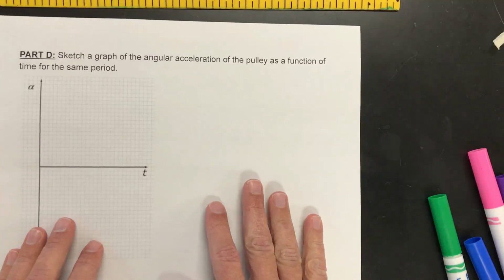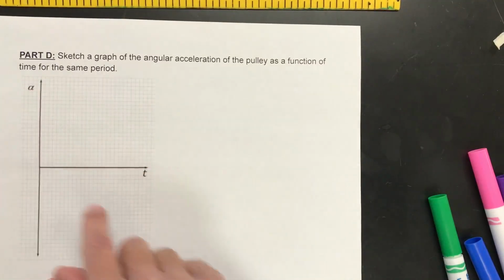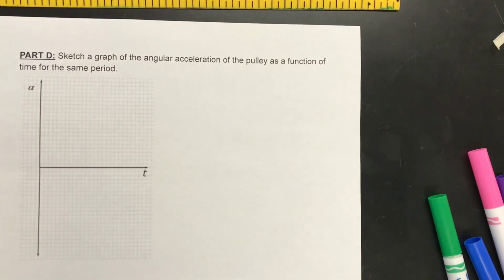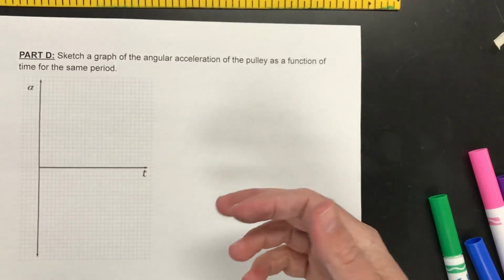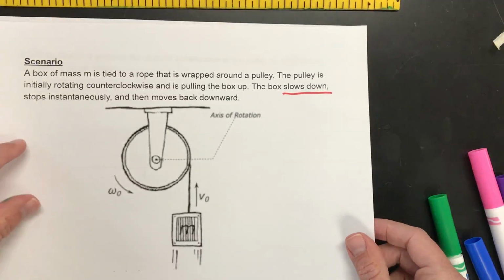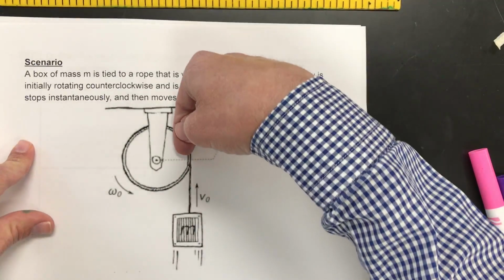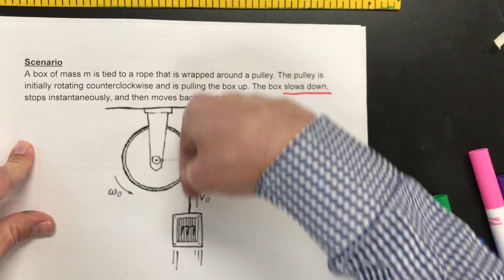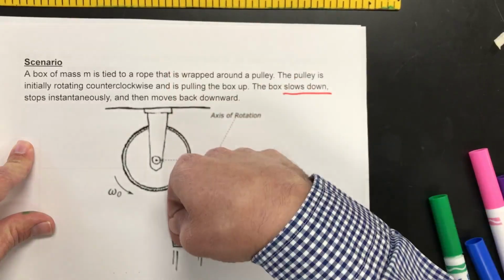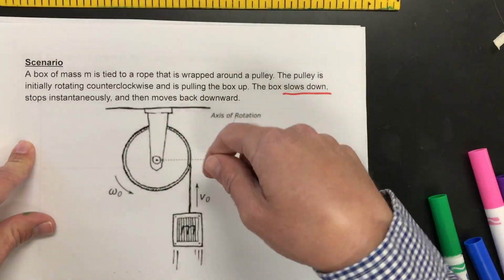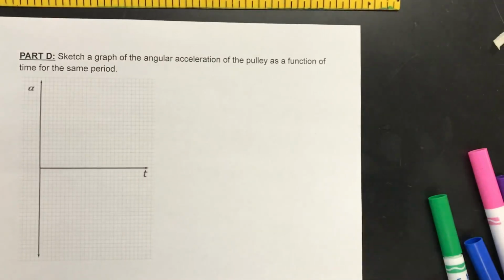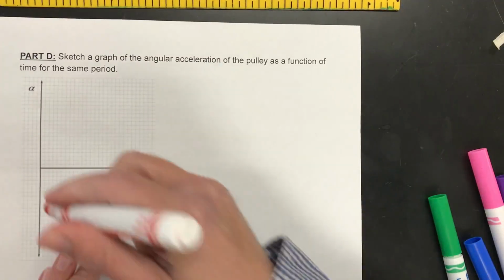So likewise, let's do a graph of the angular acceleration of the pulley. Think of it again as like the angular acceleration of the block. So what way is this thing being angularly accelerated? Well, the torque here on it is this way. It wants to torque it clockwise, which they call negative. A negative torque will cause a negative angular acceleration.